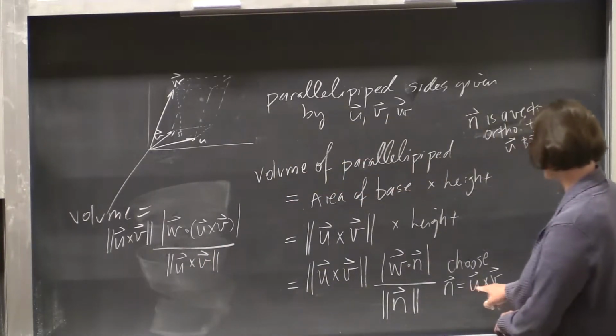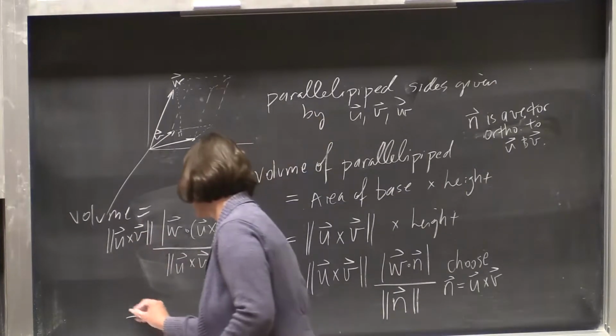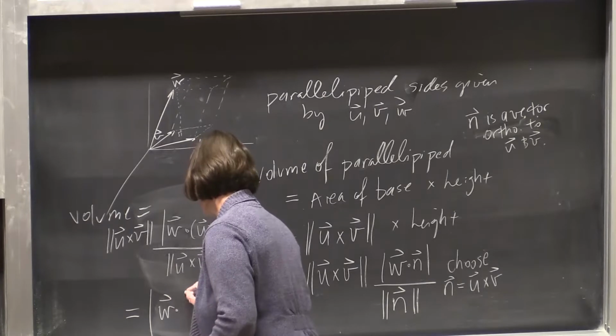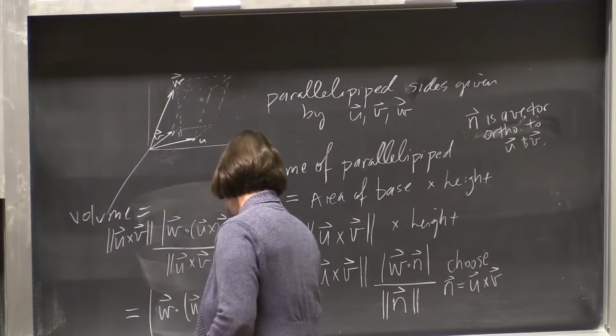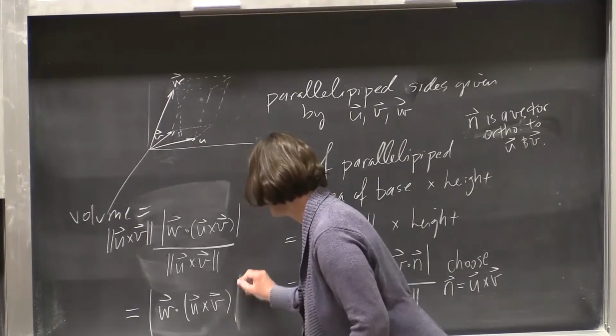Here I chose that specific normal vector. Those things cancel, and I get the absolute value of w dot u cross v.